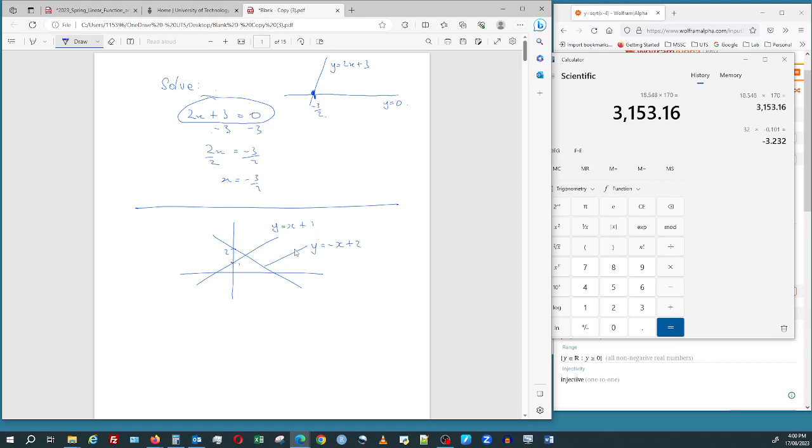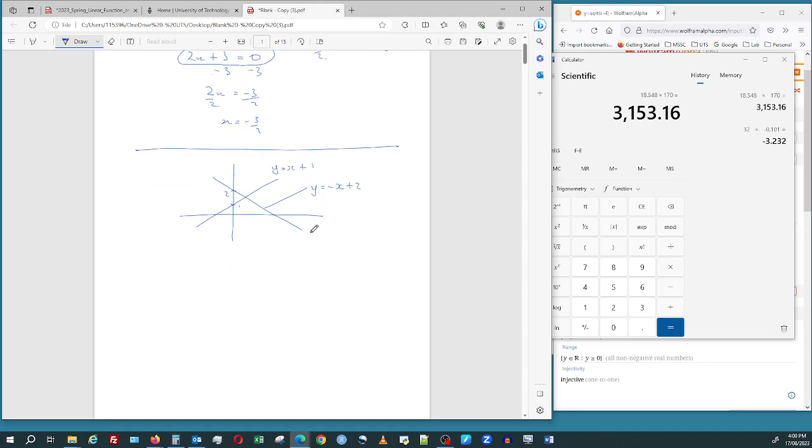So we've got the ability to understand what that point is. At that point, they both have the same y value. Y equals y, but I can't solve that. That's silly. But what I can do is put it like this and solve this, and that will yield the x value that y equals y sits on.